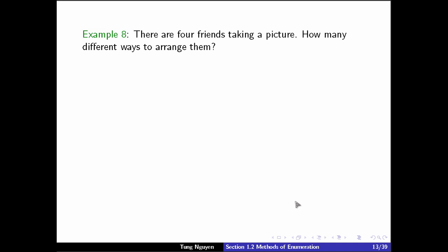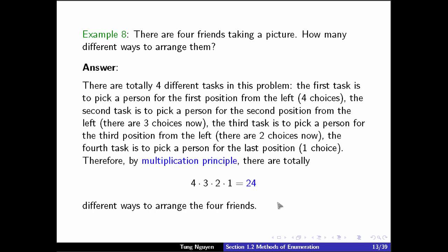Then for the second slot, we are down to 3 choices because there are only 3 people left to choose from. For the third slot, we have only 2 people left, so we have 2 choices. And finally, we fill in the last one. So this time we have 24 different ways to arrange the 4 friends for the picture.